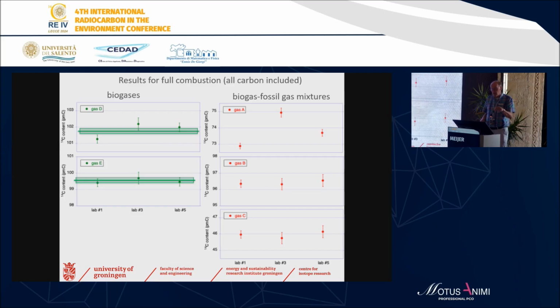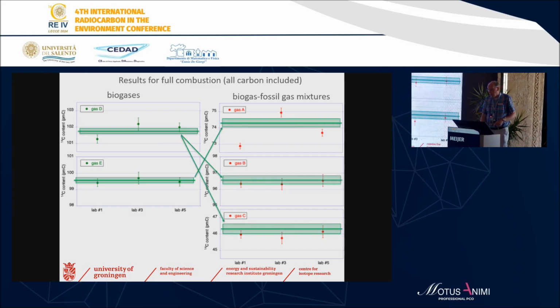Now, based on these values and the mixture that we know very carefully, you can calculate what you would expect for the mixtures, and those are shown here. So B and C are based on biogas D, and A is based on gas E. Now, if you take a look here, you see that in general there is good agreement.